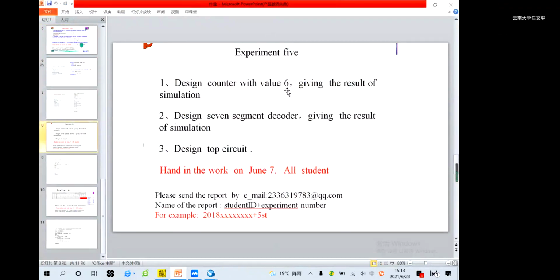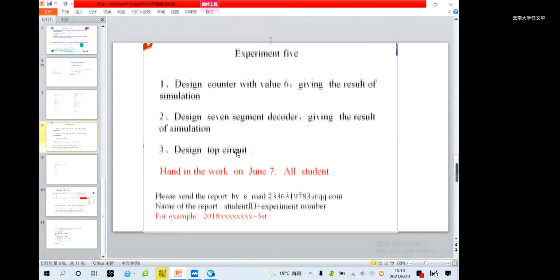Design a counter with value 6 gives a result. This is so easy.